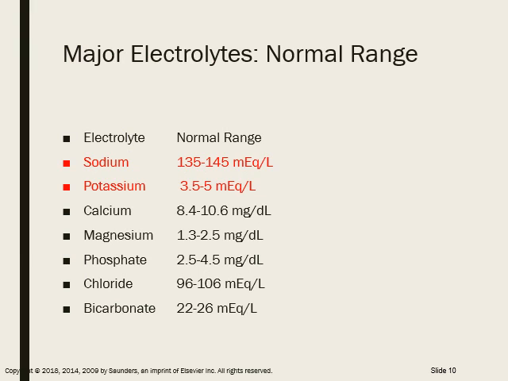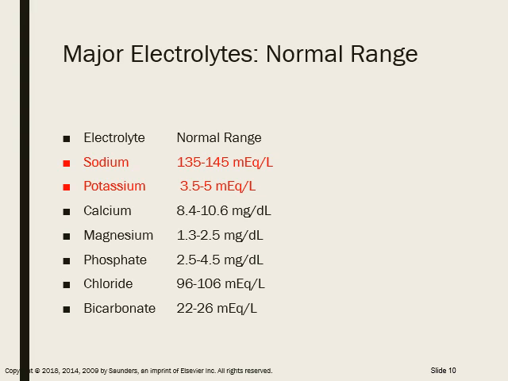Here we have your major electrolytes and their associated normal ranges. Again, take a look at page 438, table 25.2, and familiarize yourself with these normals. Your normal sodium level ranges between 135 through 145 milliequivalents per liter.